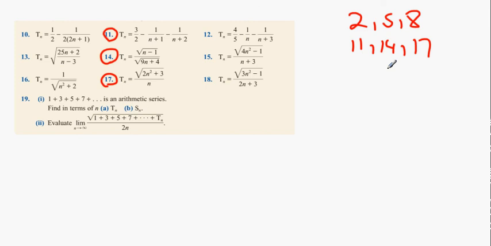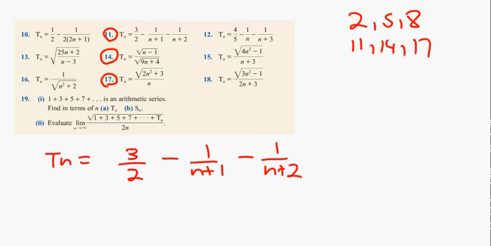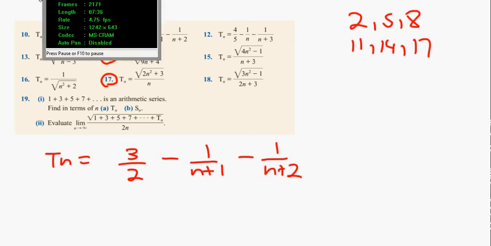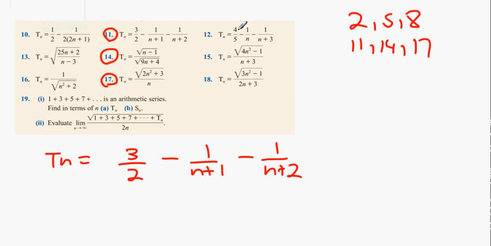Now, what's going to happen here is we're going to have Tn equals 3 halves minus 1 over n plus 1 minus 1 over n plus 2. In this question, once again, you're going to do the limit as n approaches infinity.